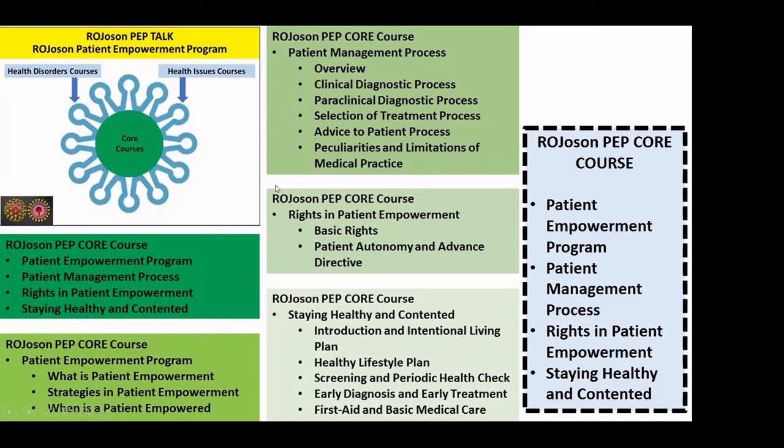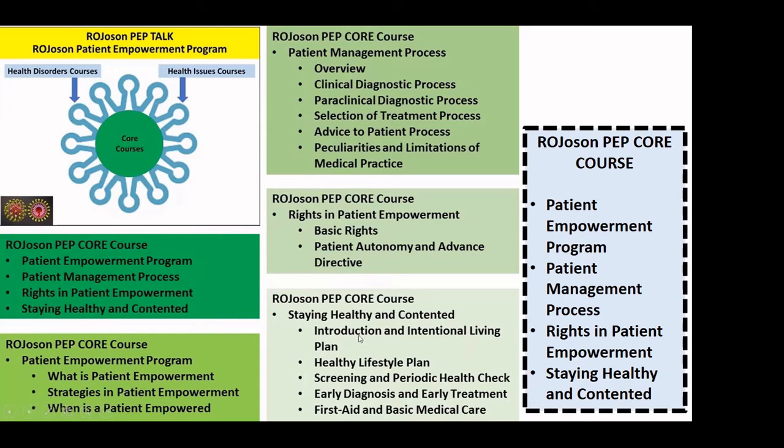So 2 more core courses will be upcoming. Next week we will be talking about rights in patient empowerment, which will have 2 sessions: basic rights, and then patient autonomy and advance directive. And then the last module on this core course will be how to stay healthy and contented.